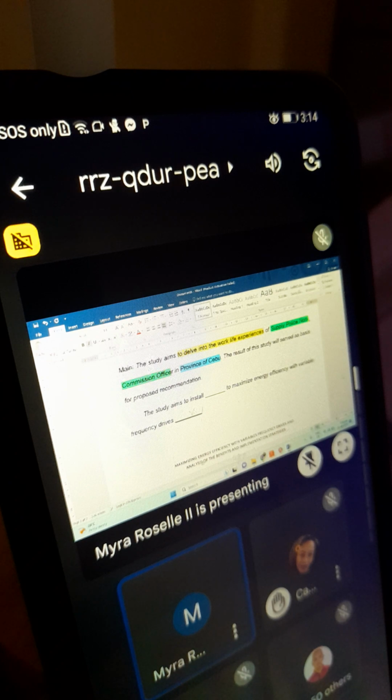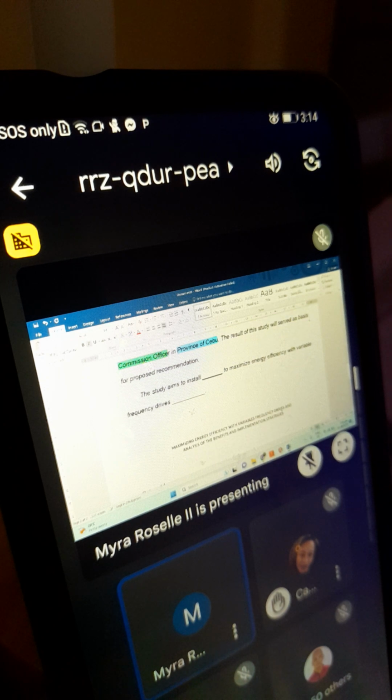What I'm trying to drive at is that what is in your title must be aligned with your statement of the problem. Understood? What is placed here must be aligned with the main problem.